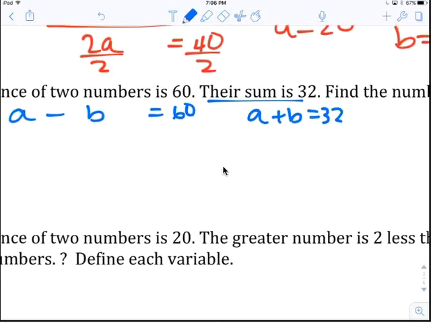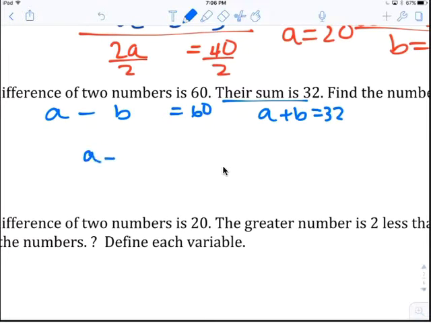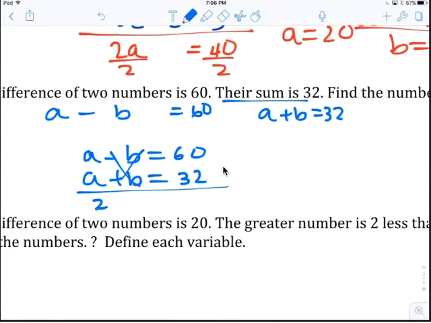Find the numbers. Okay. So a minus b equals 60, a plus b equals 32. Eliminate. 2a equals 92. Divide by 2. You get 46. A equals 46.